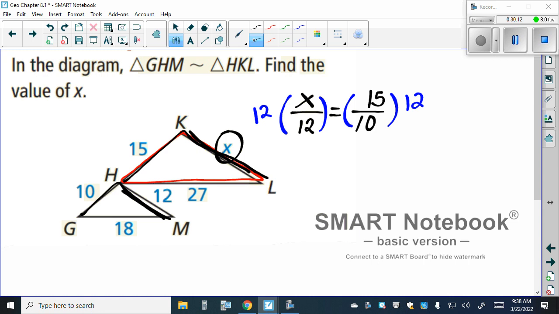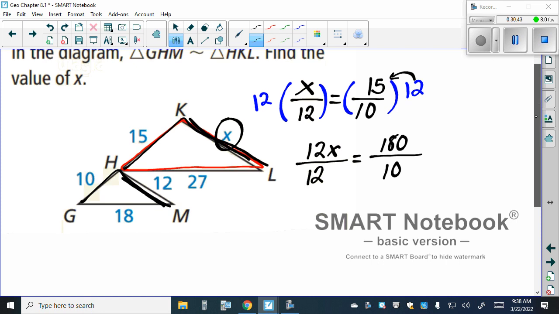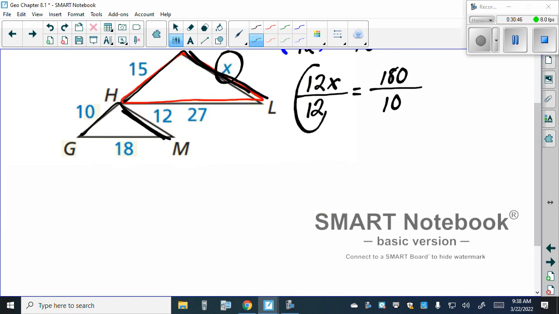Because when we multiply this, 12 times x is 12x over 12 is equal to, here, we're going to multiply the 15 and 12 and get 180. Maybe that's what the calculator says. Well, anything divided by itself is 1. This will simplify to 1, leaving us with just x.